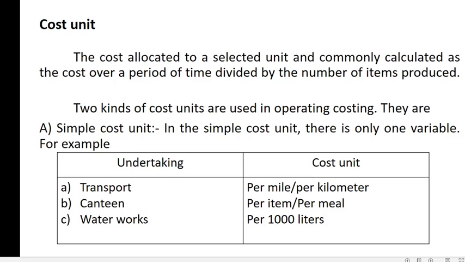For example, in a transport company, simple cost unit is per mile or per kilometer. In a canteen, a simple cost unit is per item or per meal. So a simple cost unit is a cost unit where there is only one variable.